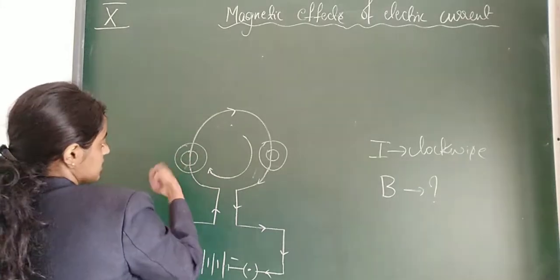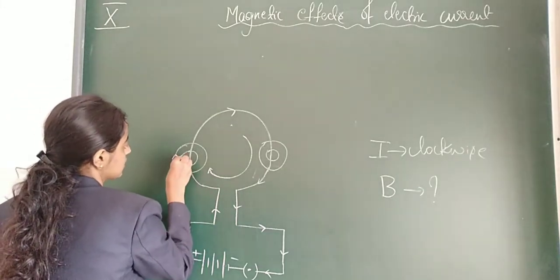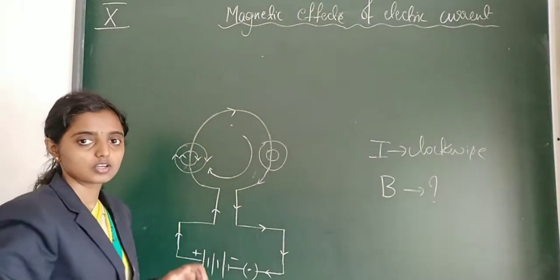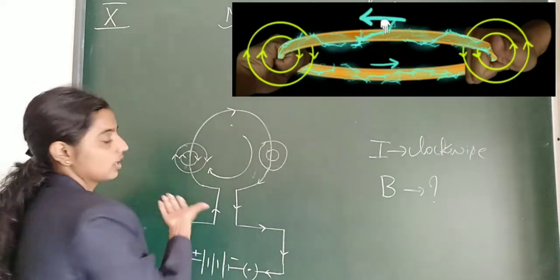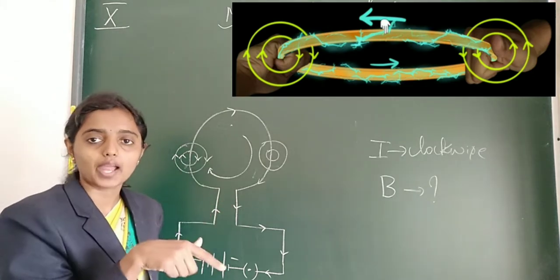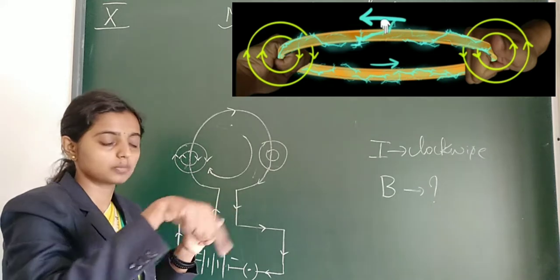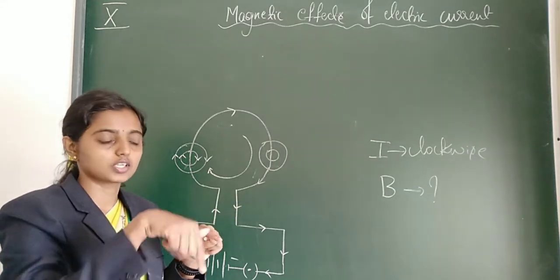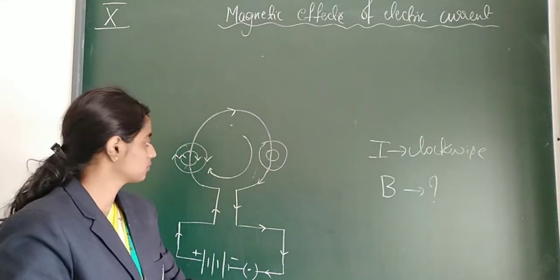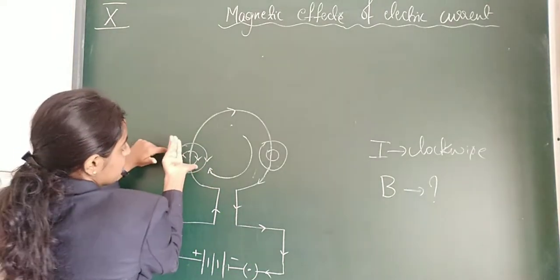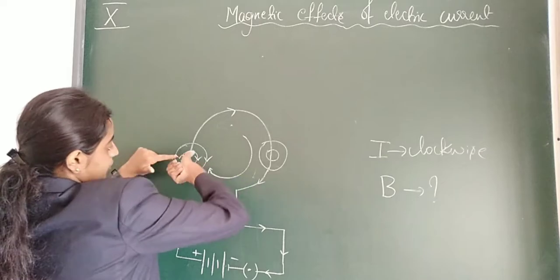If this is the case, the magnetic field lines will go and come back here. Take your right hand along with me, and take any bangle where you can insert your hand, some circular shape, anything, and try it yourself. If you hold it like this, this is how the magnetic field starts.